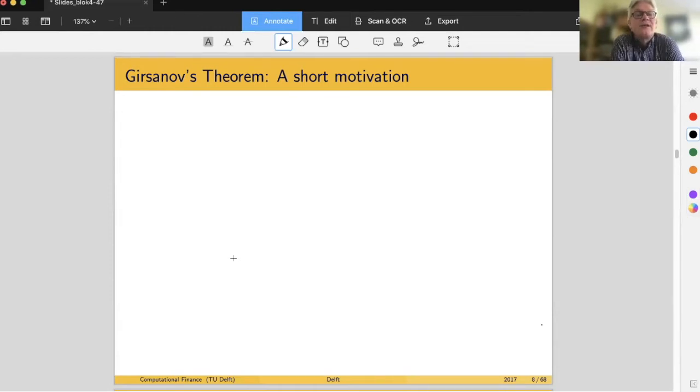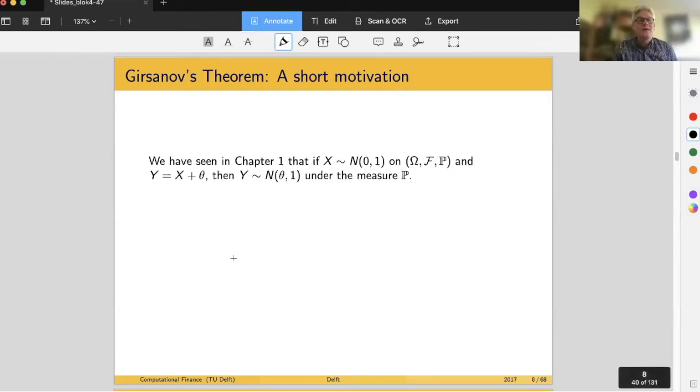But first, let's do a short motivation for Girsanov's theorem, because in fact, we have seen it already by the end of chapter 1, where we have shown the following.